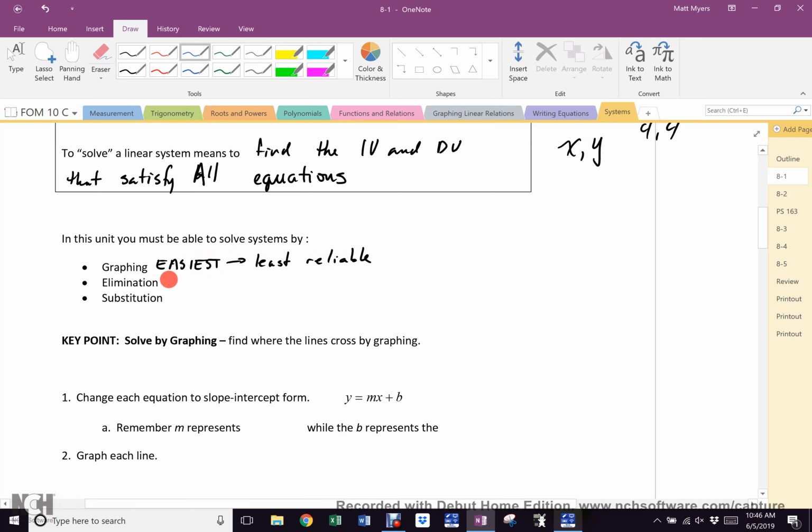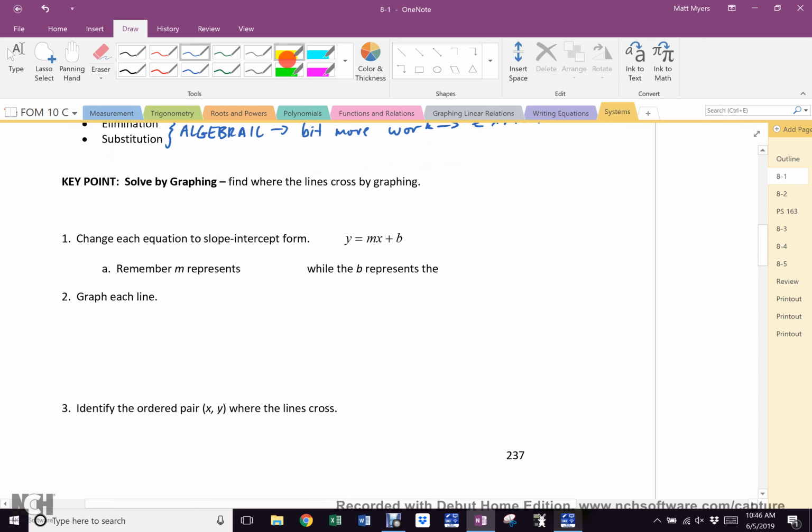Elimination and substitution are algebraic, take a bit more work, but they are exact. So today we're just going to talk about graphing. And we may even run out of time, but I just wanted to use the time up.